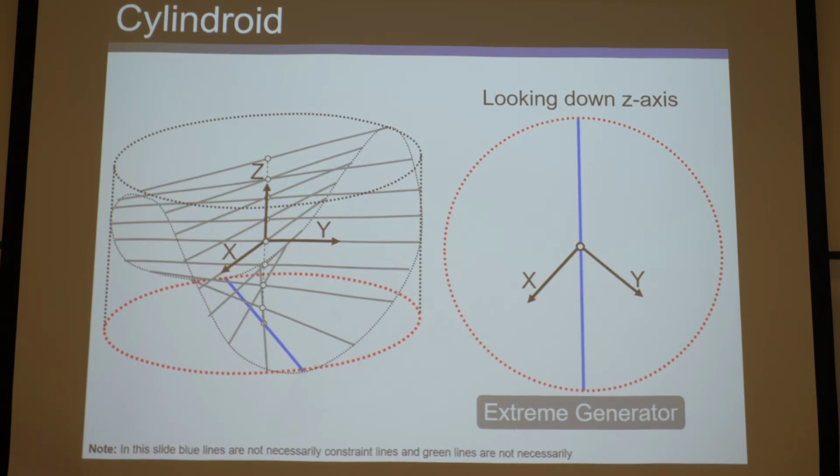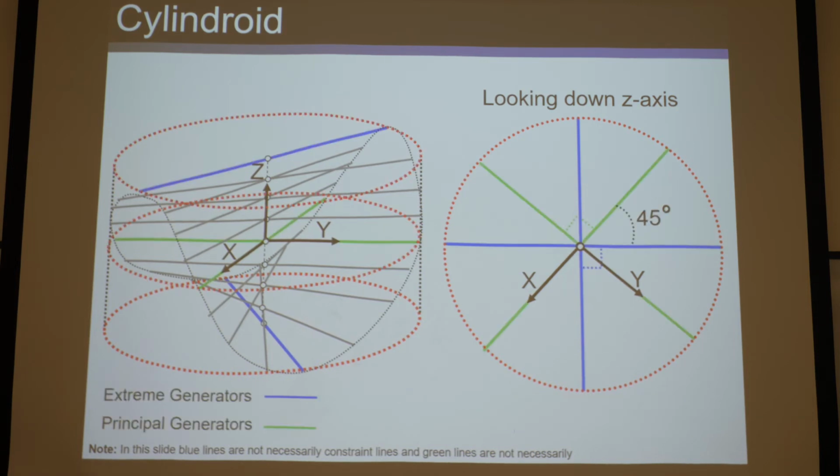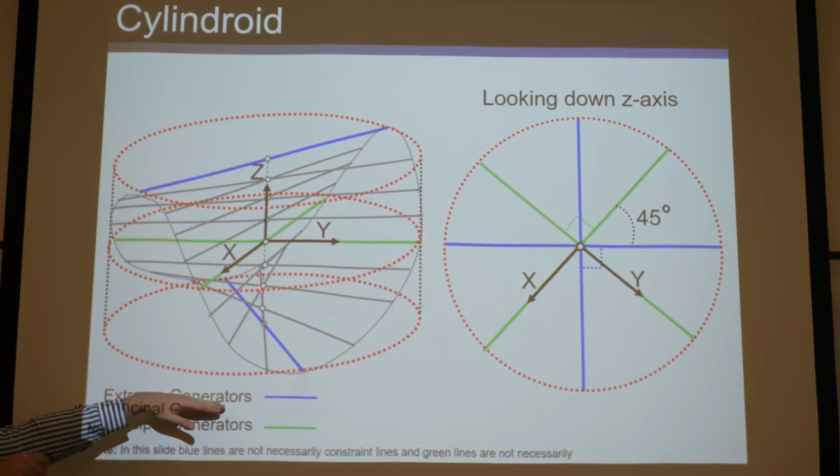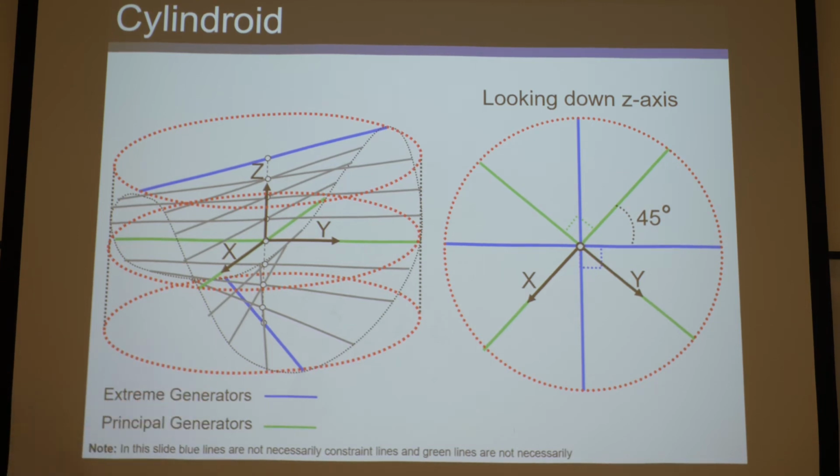So that's kind of how it looks. This is a little confusing because I'm using blue. This does not mean constraint lines. I'm just coloring them so you can see the two extreme generators. And the green ones, they're not screws, they're just principal generators. I'm just using a different color scheme here. Sorry for the confusion.